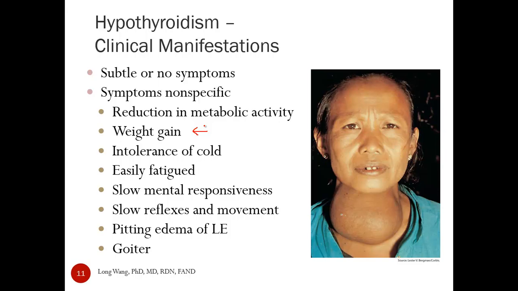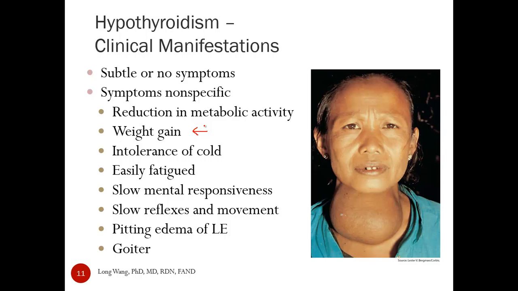The patient may come to us saying, really, I have been exercising the same way, I have been eating the same way, I just don't know why I've been gaining weight, and no matter what I try, it doesn't go down.